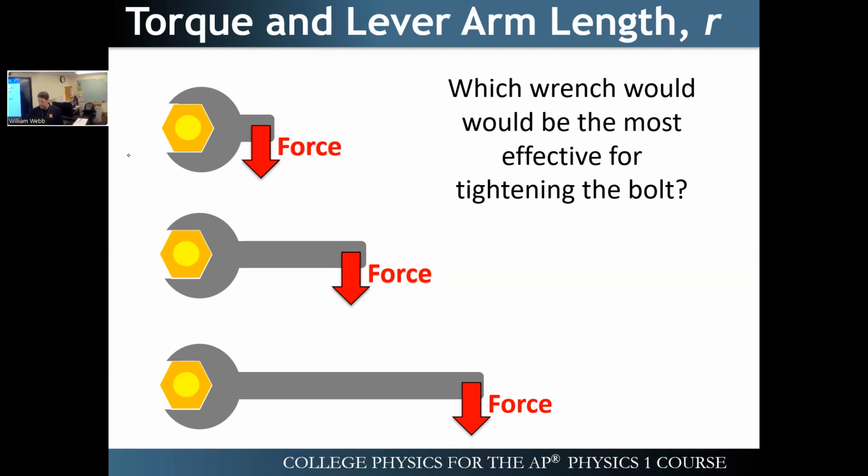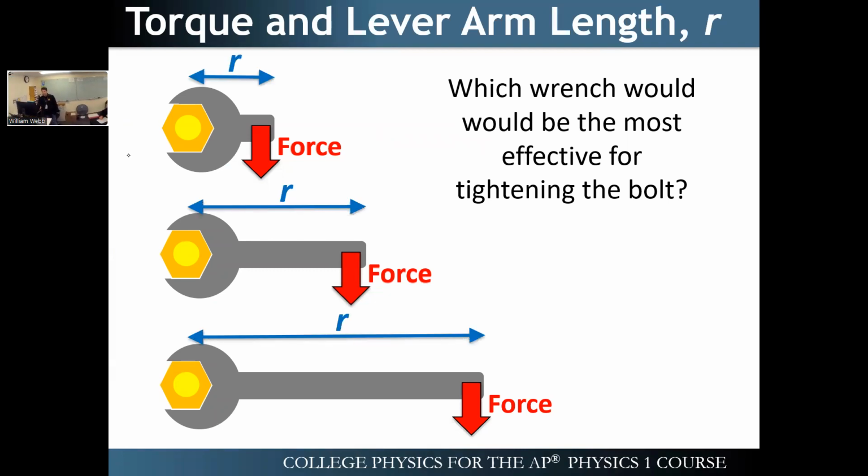Now, what about this makes it better? Leverage. When I have a long lever arm, I have more leverage to create the rotation, right? And torque's all about using a force to make rotation. So one thing that we have to consider is, where am I applying that force? The longer the lever arm is that I have, the more leverage, the better effectiveness I'll have. All right, so that's the first element.